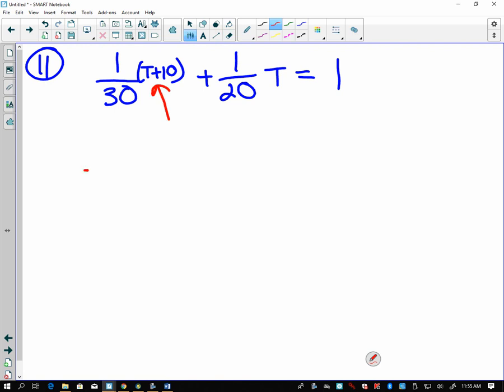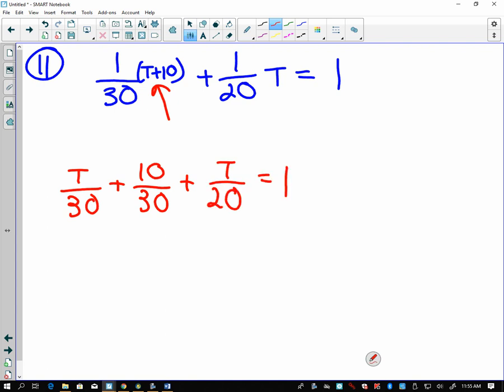We should get t over 30 plus 10 over 30 plus what you could call t over 20, equals 1. This comes down as 1/3. We've got t over 30 plus 1/3 plus t over 20 equals 1.